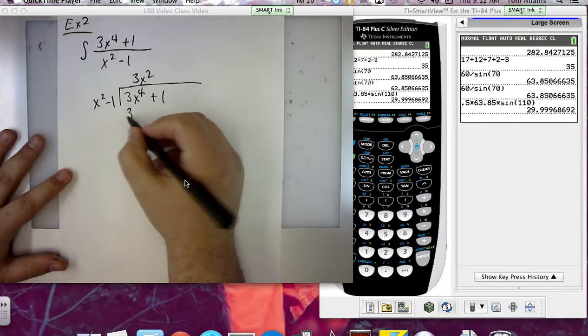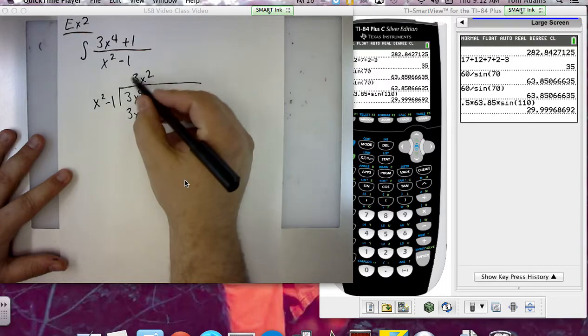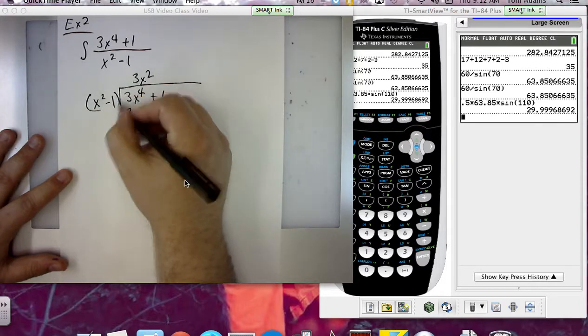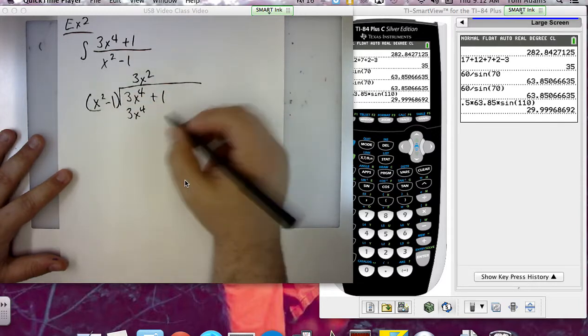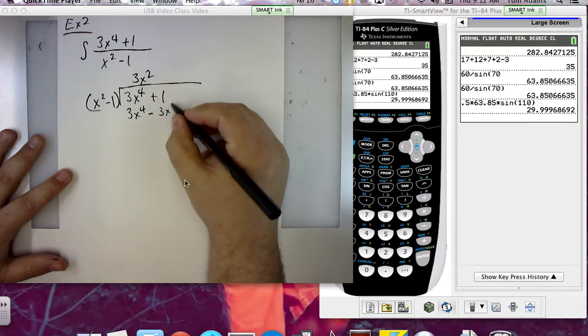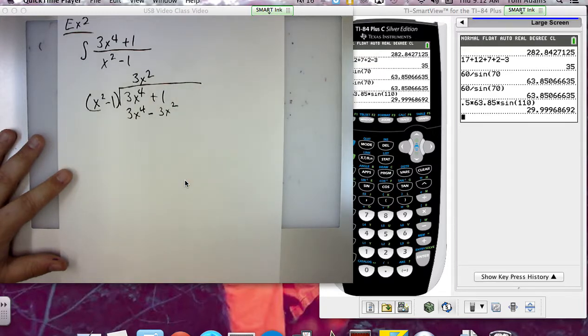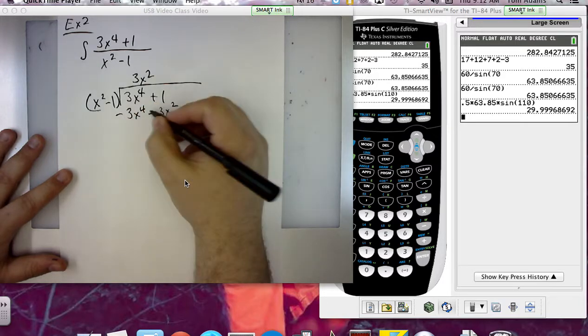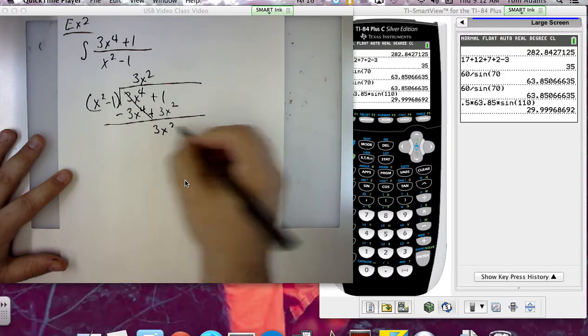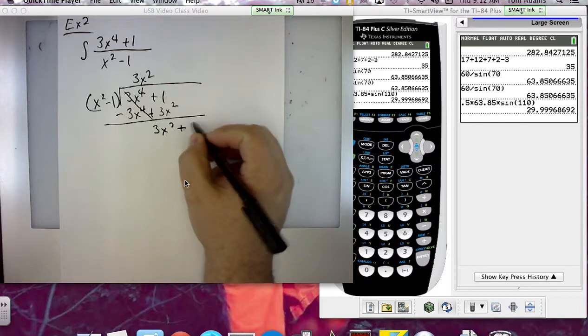So that gives me a positive 3x to the 4th power, but I also have to remember to multiply that by the negative 1. So I'm distributing the 3x squared through the parentheses, and that gives me a negative 3x squared. And so I'm going to subtract those terms, so I change the signs. These cancel, and now I have 3x squared plus 1 down here.